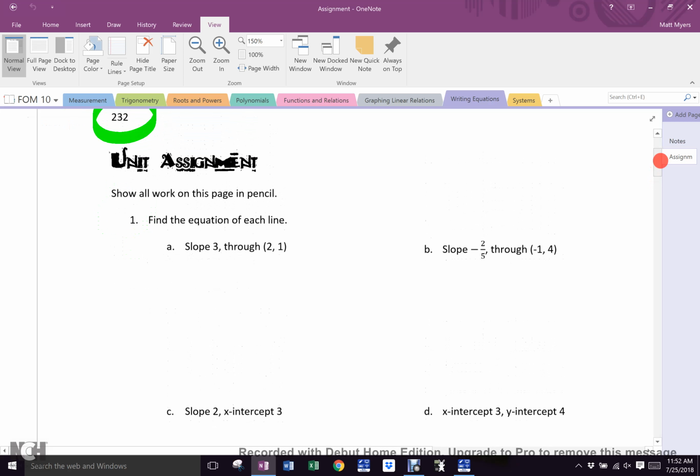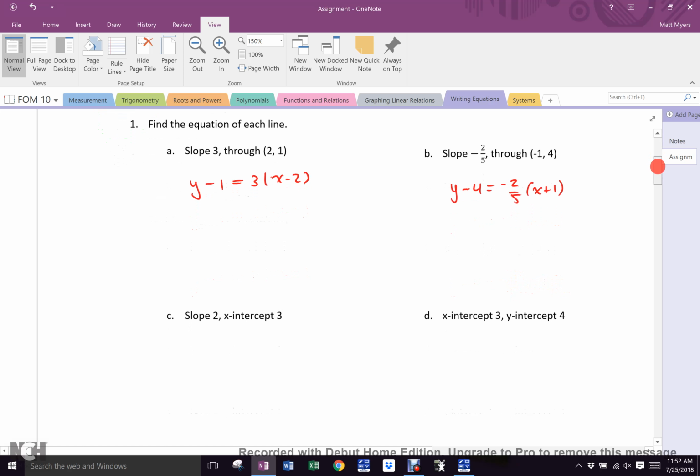All right. Since you have a slope and a point, of course you did point-slope form. All these are worth 1. X-intercept is (3, 0), so it's y equals 2 times (x minus 3).